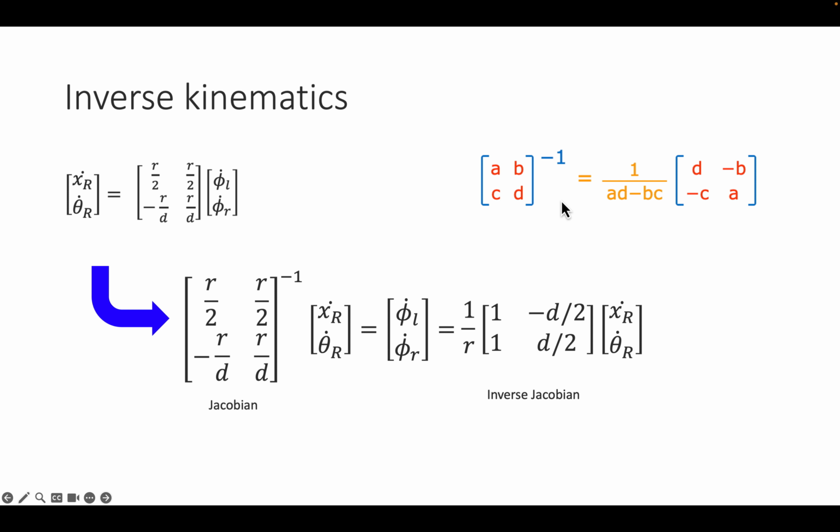Inverting other matrices is more complicated or might require a numerical approach, but I have used this simple one here, and the inverse of this is that. Now if you work out those equations, you will see that they again turn out to be exactly the equations that we have derived for the inverse differential kinematics to drive the robot to a certain velocity in Cartesian space.